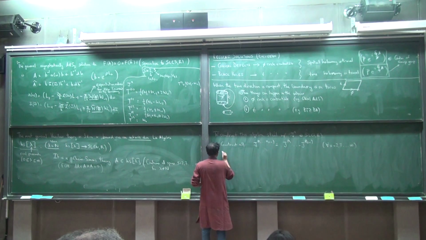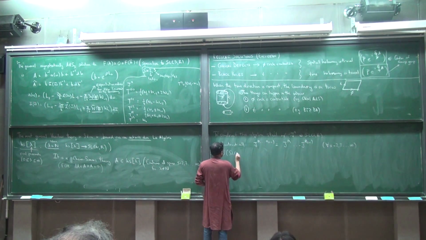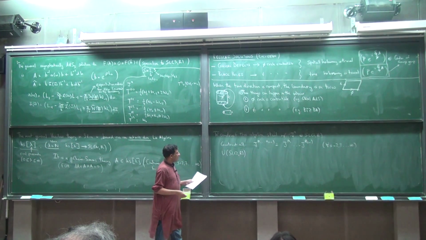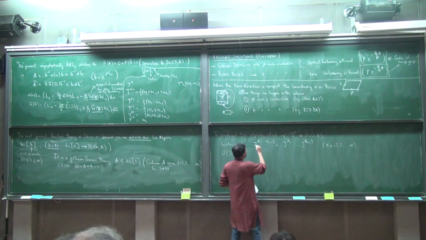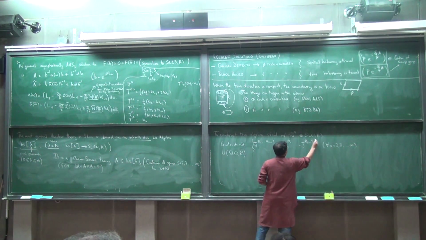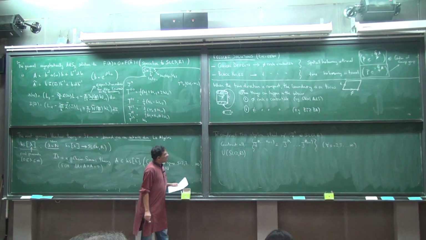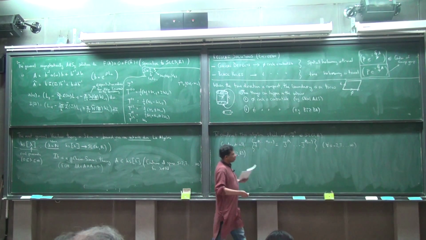This is what is called the universal enveloping algebra of SL2R, that whole collection of monomials. You can do this for any Lie algebra.